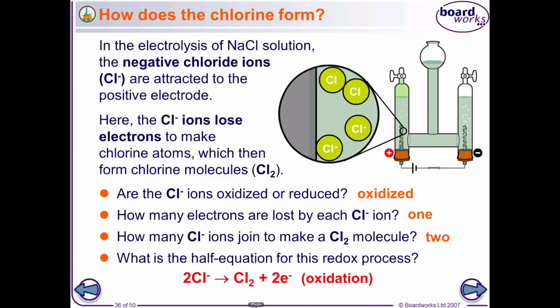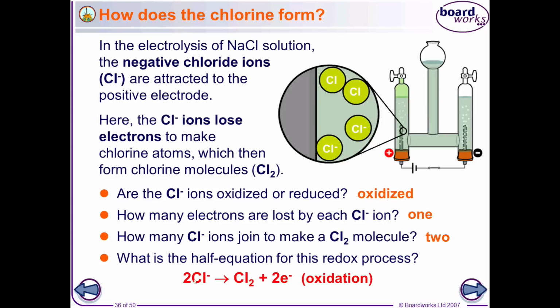So this half equation at the bottom is the one that you need to memorise for the higher tier. It's the half equation for what happens at the positive electrode. And remember, at the positive electrode, oxidation occurs. Remember the previous slide where we did panic and redox? At the positive electrode we get oxidation.